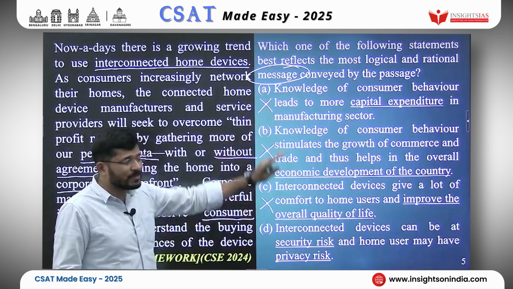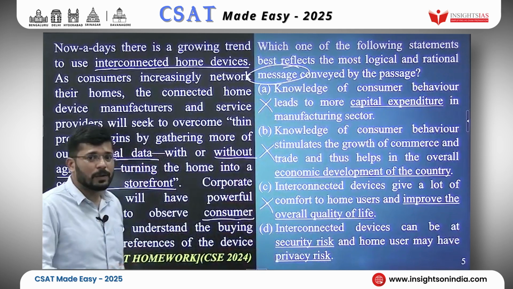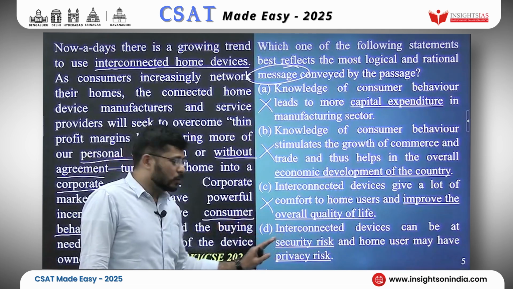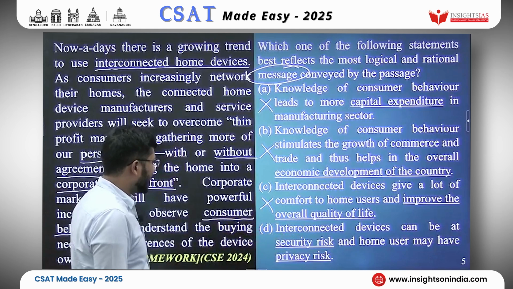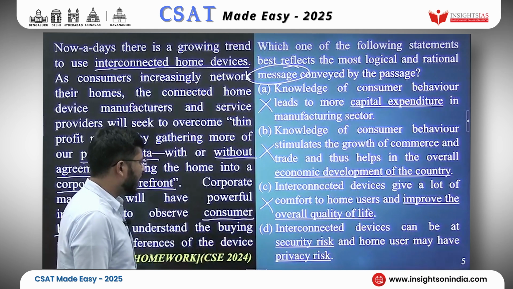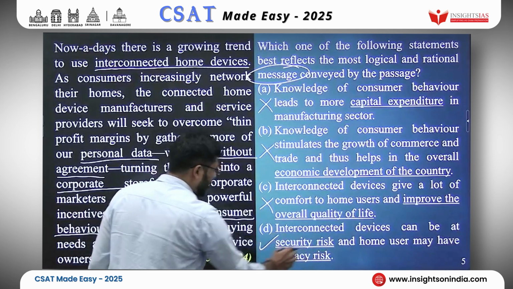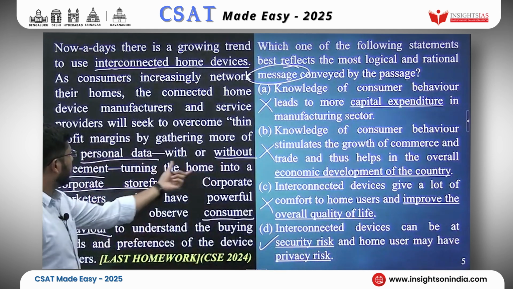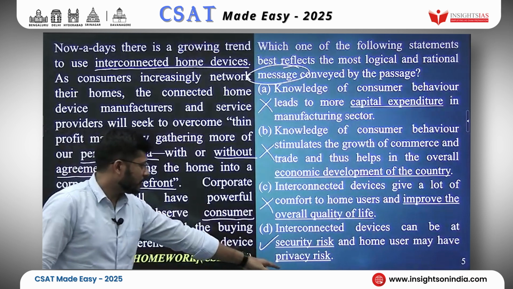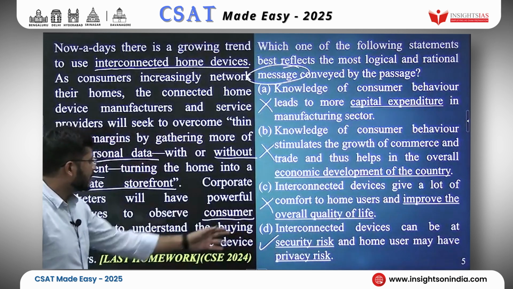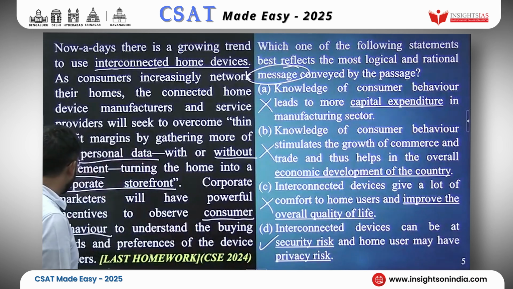If we eliminated three options, the last one must be our answer, but we shall read it also. Interconnected devices can be a security risk and home users may have privacy risk. Privacy risk, yes, with or without agreement. But what about security risk?